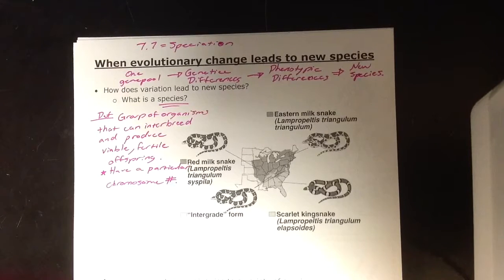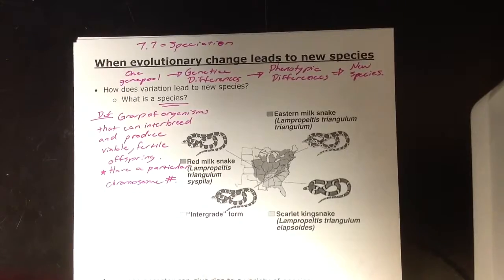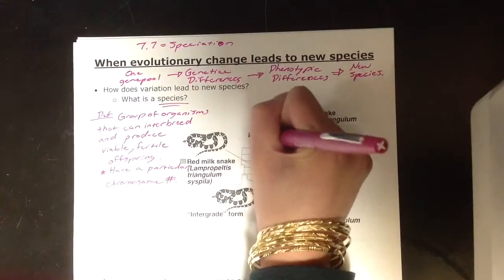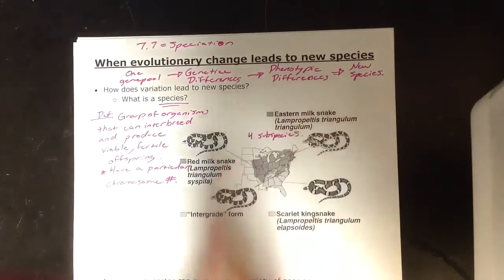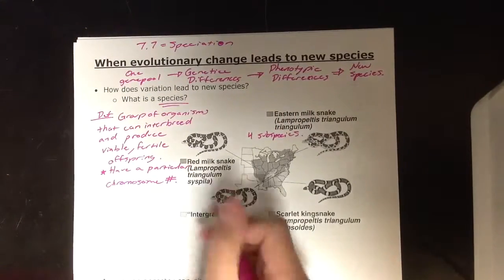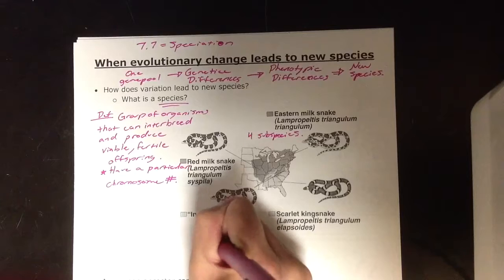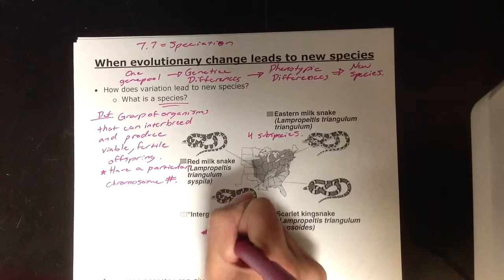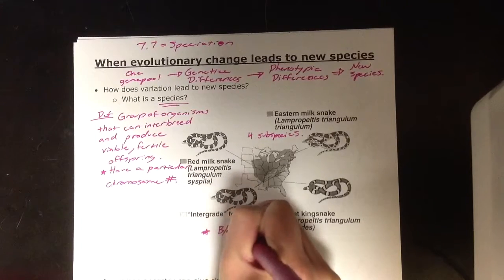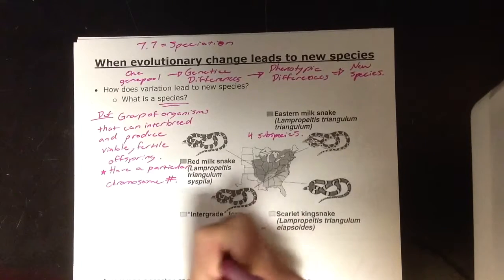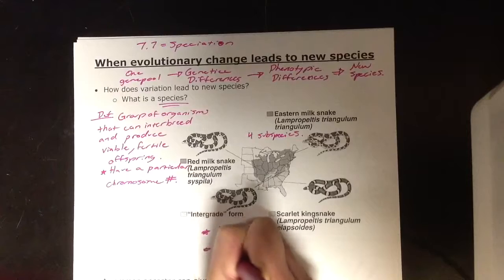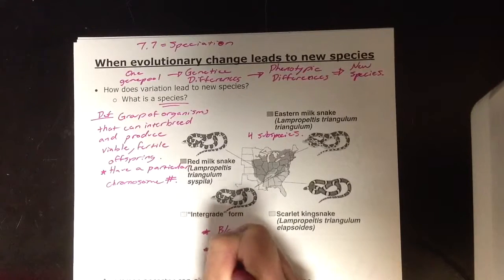These 4 snakes are considered to be 4 subspecies. They are related, however, they are subspecies because they never actually interact with each other. This is due to geographic isolation.